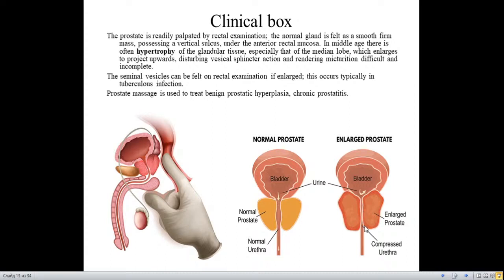Of course, this condition is very dangerous because urine should be discharged from the urinary bladder permanently. It is secreted regularly, so it must be removed from our body. If there is a blockage at the level of the prostate gland, it will accumulate in the urinary bladder, but the volume of the bladder cannot be unlimited, maximum 1 liter. If we do not remove urine from the urinary bladder, it can rupture with very serious problems such as peritonitis.